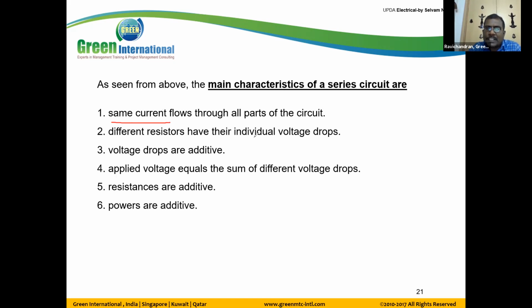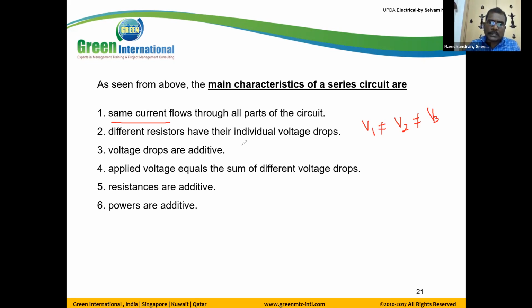Different resistances have different voltage drops, that means V1 is not equal to V2. Depending upon the resistance value, the voltage drop will vary. The same resistance means we have the same voltage drop.